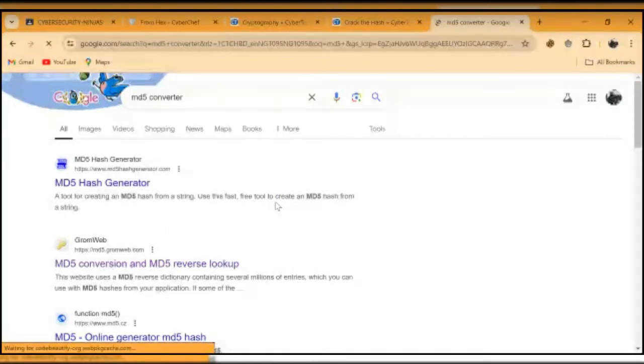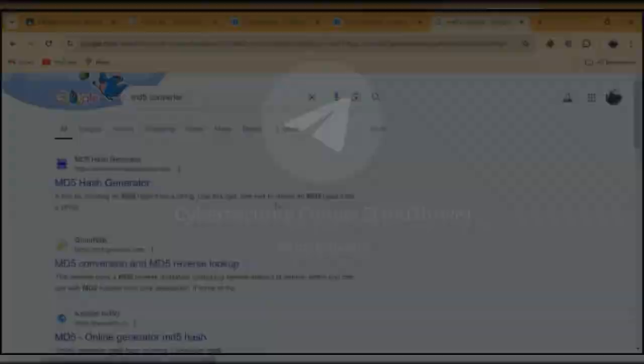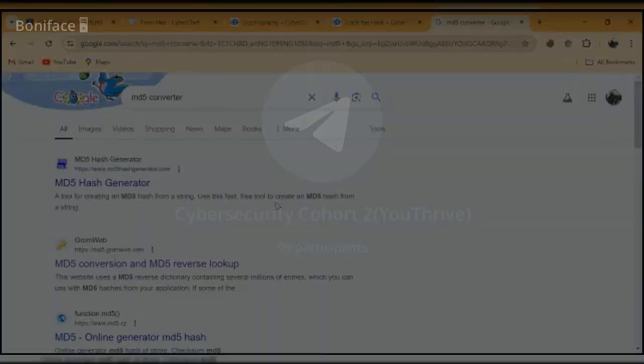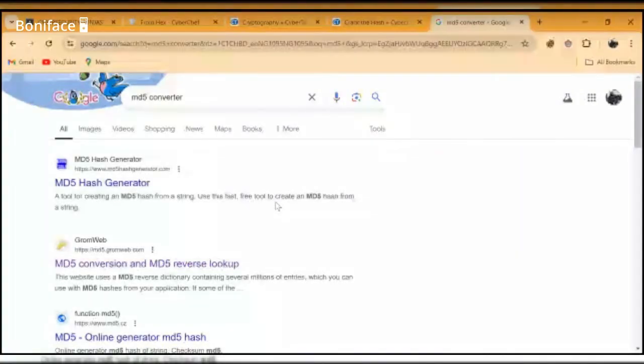Now, why are we not going to use CyberChef? We're not going to use CyberChef because hashing is different. So let's use any of these.